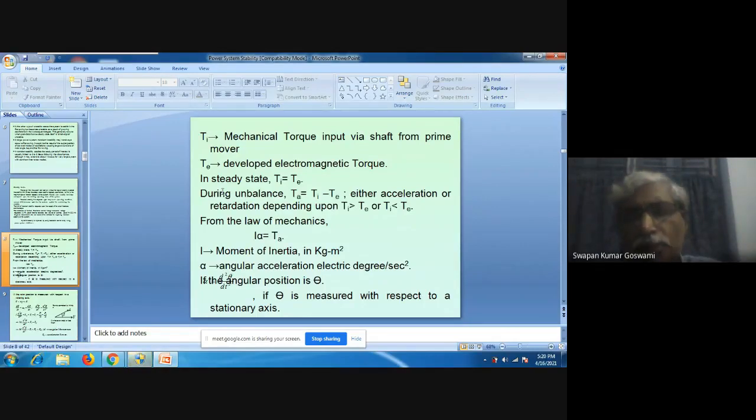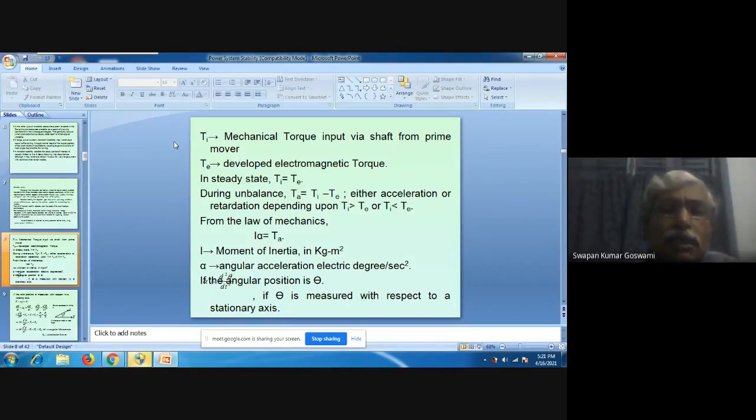Basically we shall be representing the dynamics of the rotor of the synchronous machine, and the model that we shall develop will be called the swing equation, because this equation represents the swing, or the oscillation, of the generator rotor. That's why it is called the swing equation of the synchronous generator.